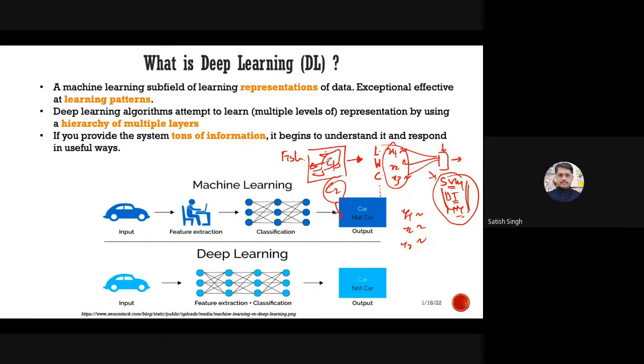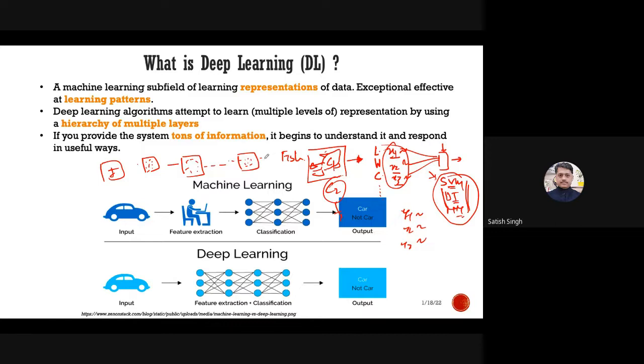But in case of a deep learning model, this image itself will be presented. Rather than forming x1, x2, x3, suppose you have presented an image. At this level there may be some features, maybe lines and edges. At another level there may be more abstract features, and this abstraction will keep on increasing. These features will be generated, and at the top layer the most abstract feature will be generated.